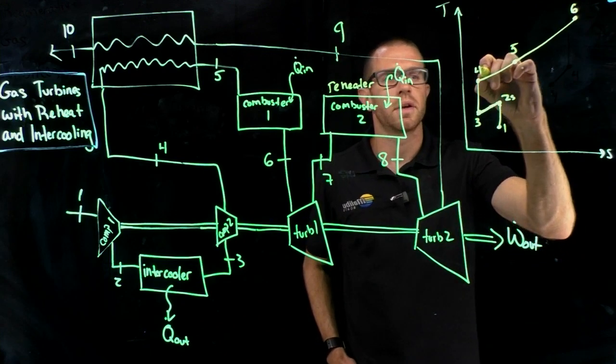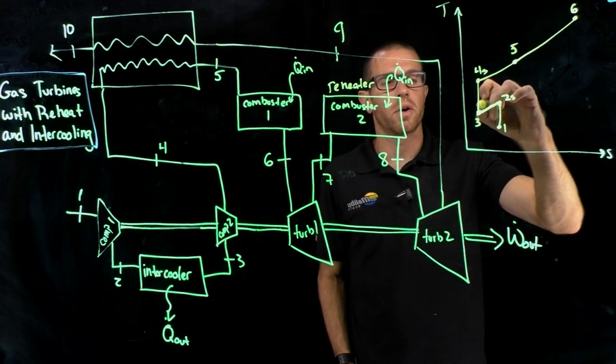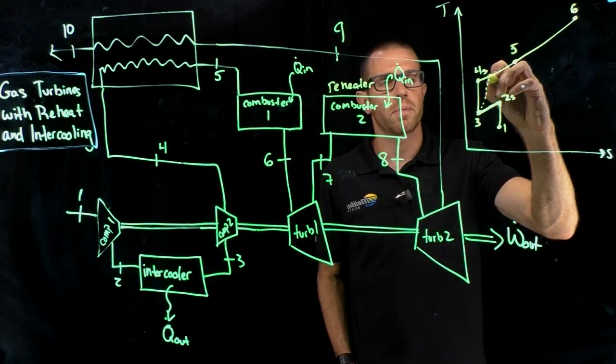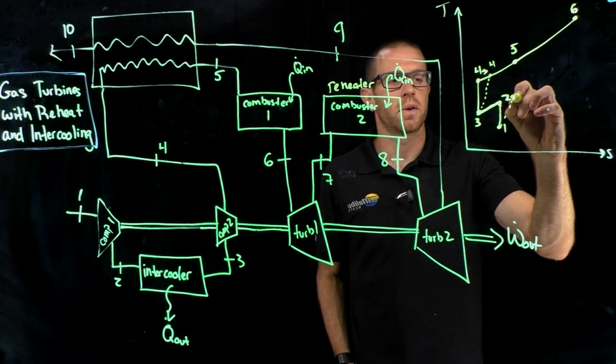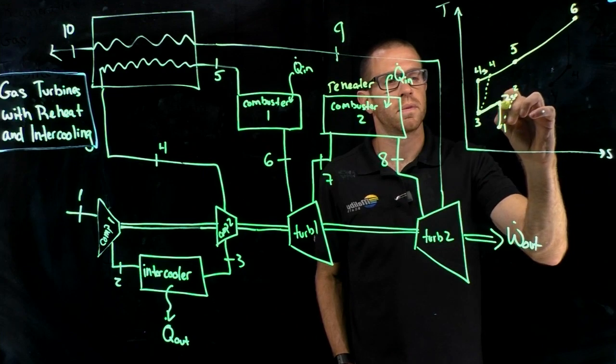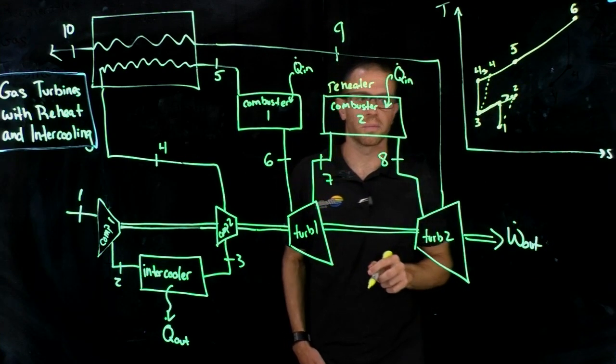This will be 2S and 4S. If these compressors are irreversible, then we might come up here to 4, and then over here to 2, and have a little bit further ways to go in our cooling from 2 to 3.